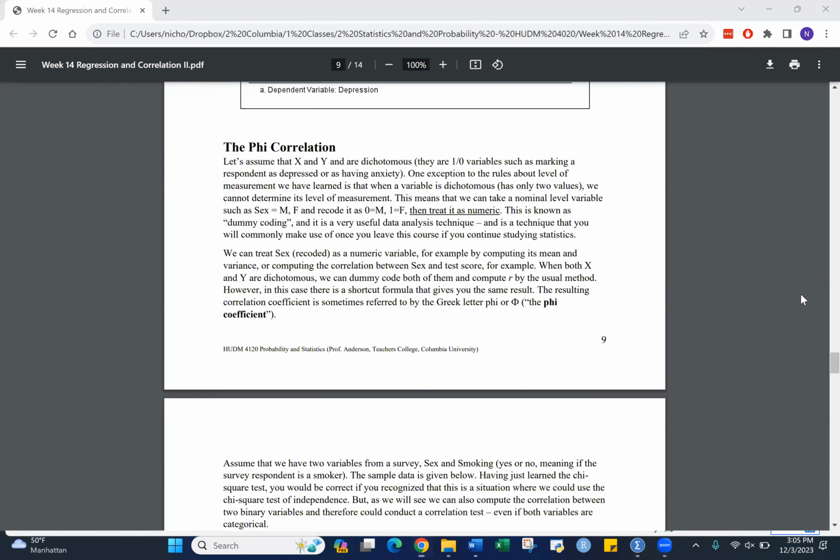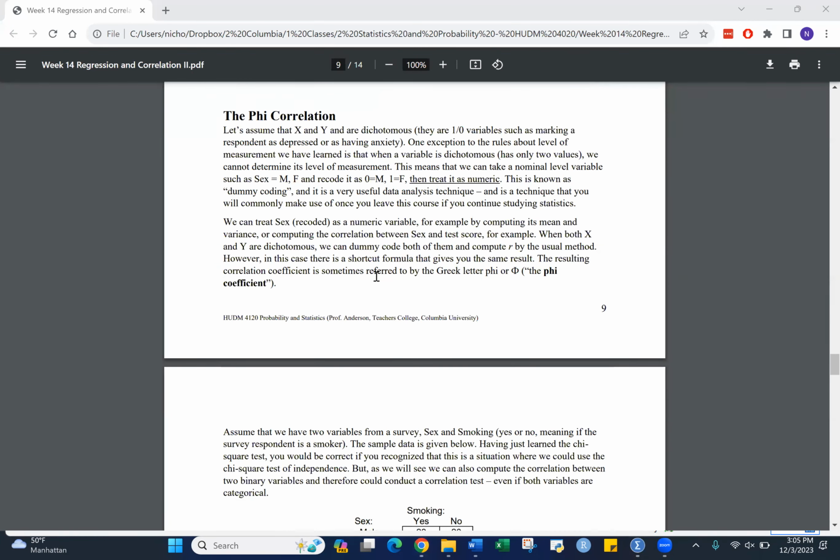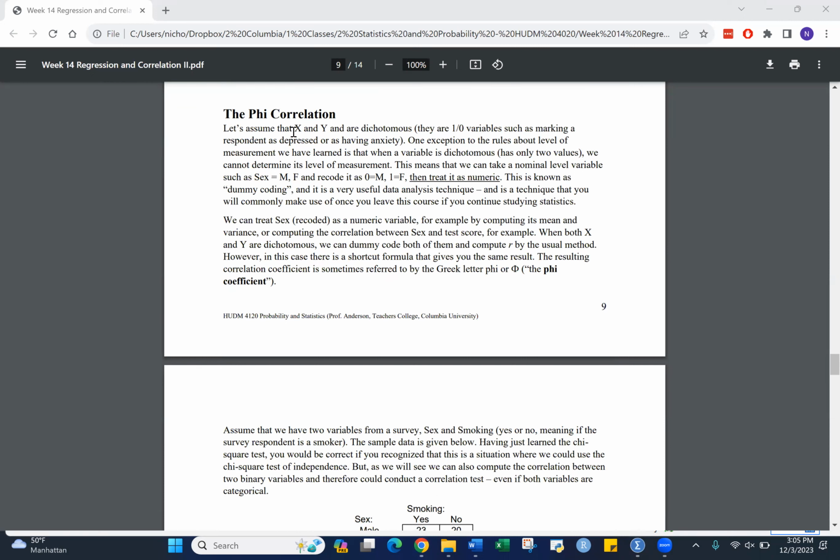Okay, and now I want to spend a couple minutes talking about the phi correlation. So it turns out that we have been talking about an assumption for X and Y that they're both numeric. But there's actually a really cool, we're going to learn two hacks next. First of all, if X and Y are dichotomous, it means it's binary. There's a dichotomy, there's two values.